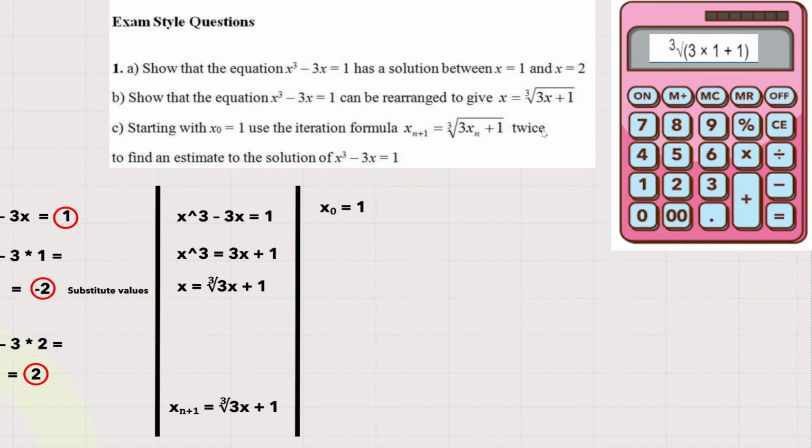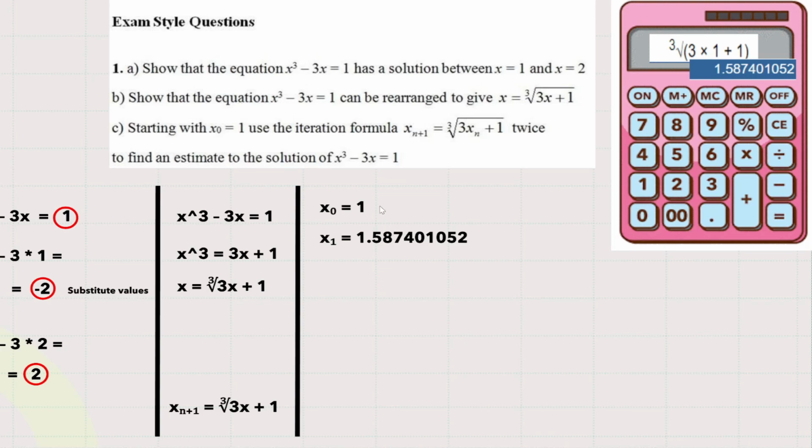Since we need to use it twice, we'll do that in a second. But it would be cube root of 3 times 1 from here, plus 1, which gives us a value of 1.587, and so on. Now we have our first value of x1, and we have to do that again.